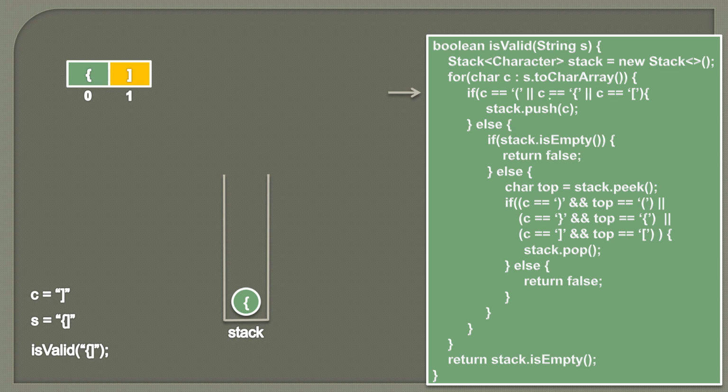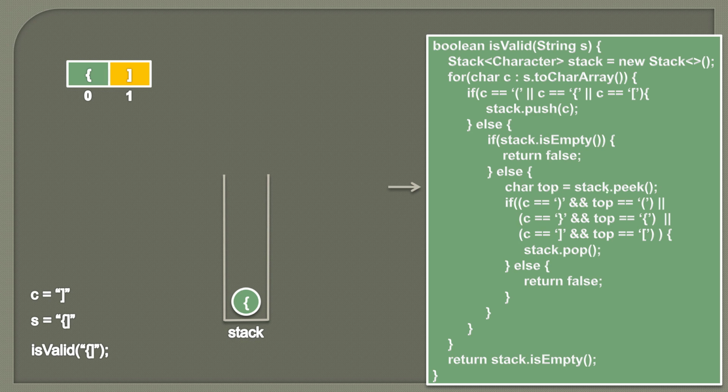C is not equal to any of these opening brackets, so the else part will be executed. Now stack is not empty, so this condition comes out to be false and the else part will be executed. So friends, the main idea behind pushing the opening bracket onto the stack is, in the else part, we will first peek the topmost element.